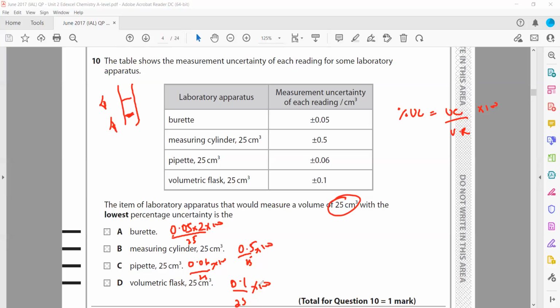When we check which gives the smallest value, the burette and volumetric flask give the same amount. So the pipette will give the lowest percentage uncertainty. Is this question clear? That is how to work out the percentage uncertainty of apparatus using the uncertainties given.